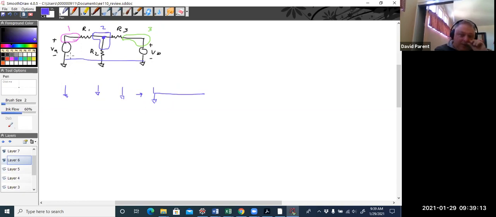And it's a special node because it's called ground. It's got its own name. And so there's 4 nodes. So there's 1, 2, 3, 4 nodes.